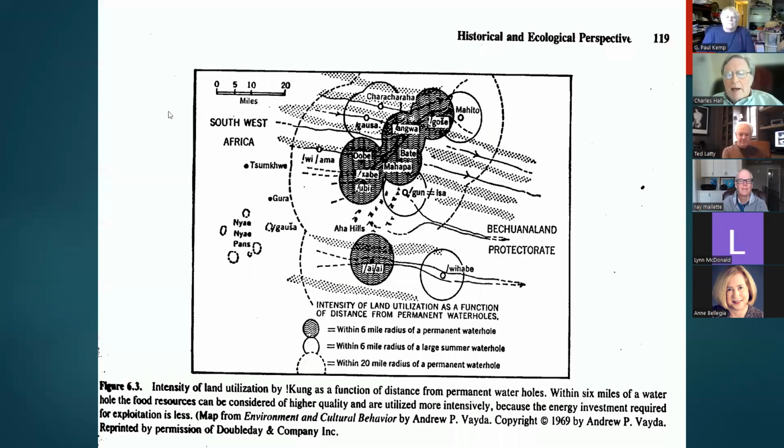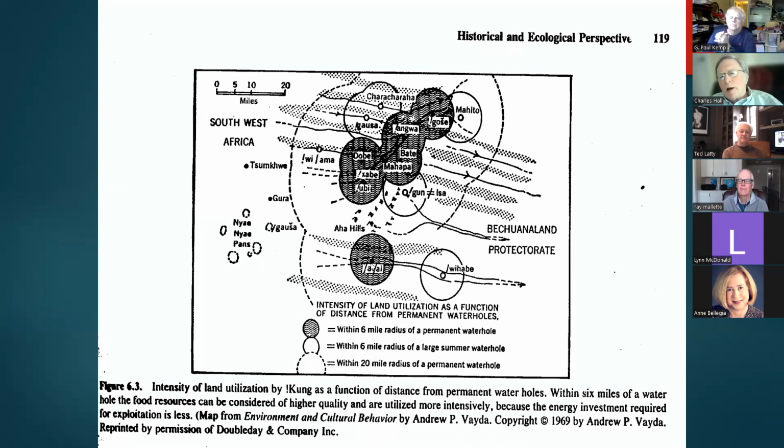So this is an area. I tried to find exactly where this was on a map yesterday and came close, but I found the Aha Hills still existing. I couldn't find any of these towns, but the Kung need to have water, and they have a series of water holes.